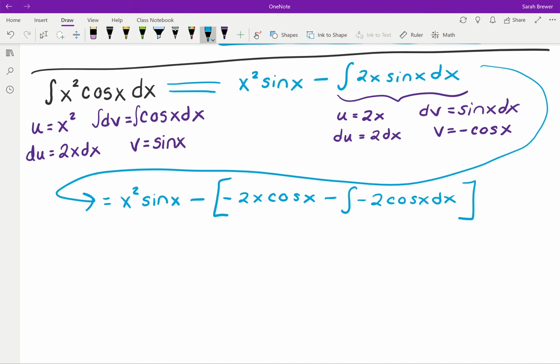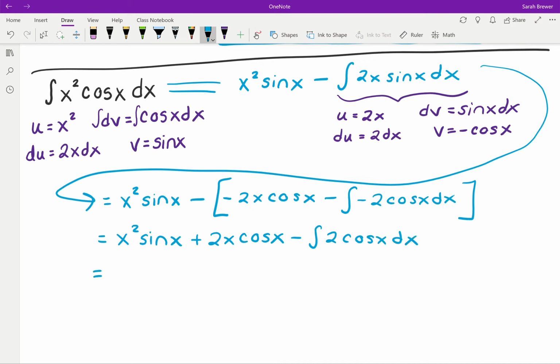Before I even think about integrating that, I want to simplify some of these negatives. Actually, all of these. So I'm looking at x squared sine x minus negative 2x cosine x gives us plus 2x cosine x. And then I'm looking at minus, minus, minus. So three negatives there. So that's going to be minus the integral of 2 cosine x dx.